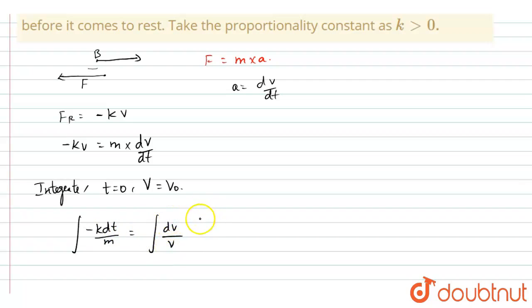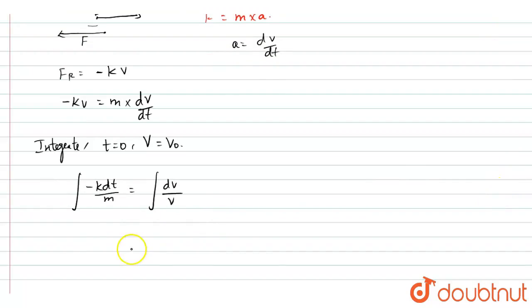If I integrate this, we will get minus kt divided by m equals log of v.